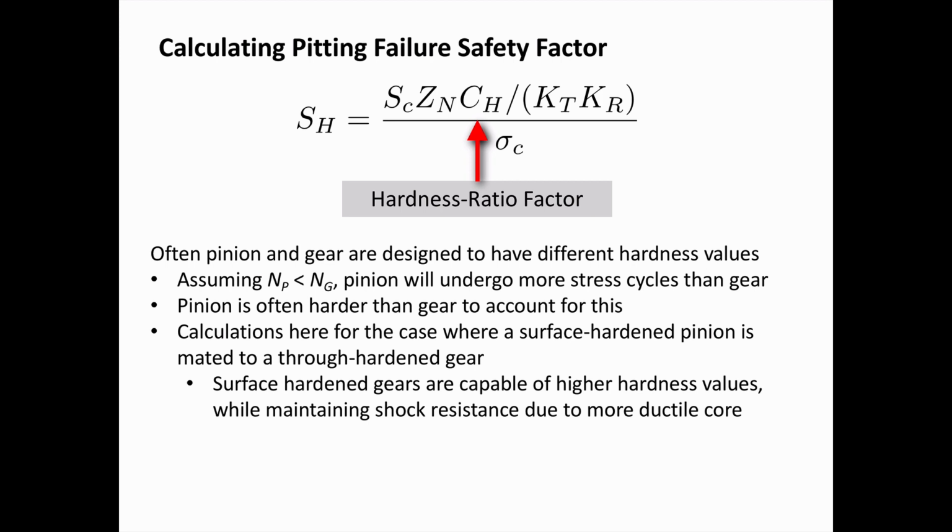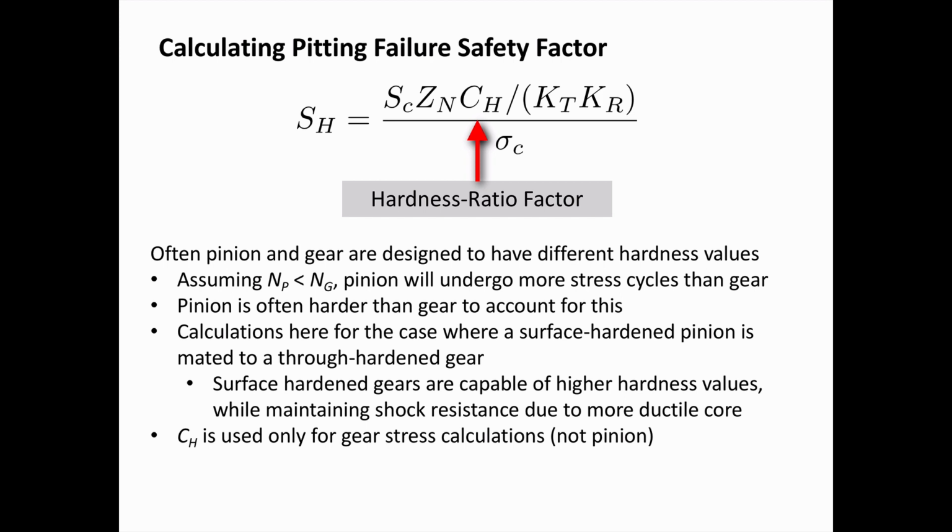Whereas if we had a through hardened gear, there's a limit on how hard we can make the gear. Otherwise, we would be risking brittle failure. So in other words, surface hardened gears are capable of higher hardness values than through hardened gears while still maintaining shock resistance because of the ductile core. So that's why we would want to surface harden the pinion and possibly through harden the gear.